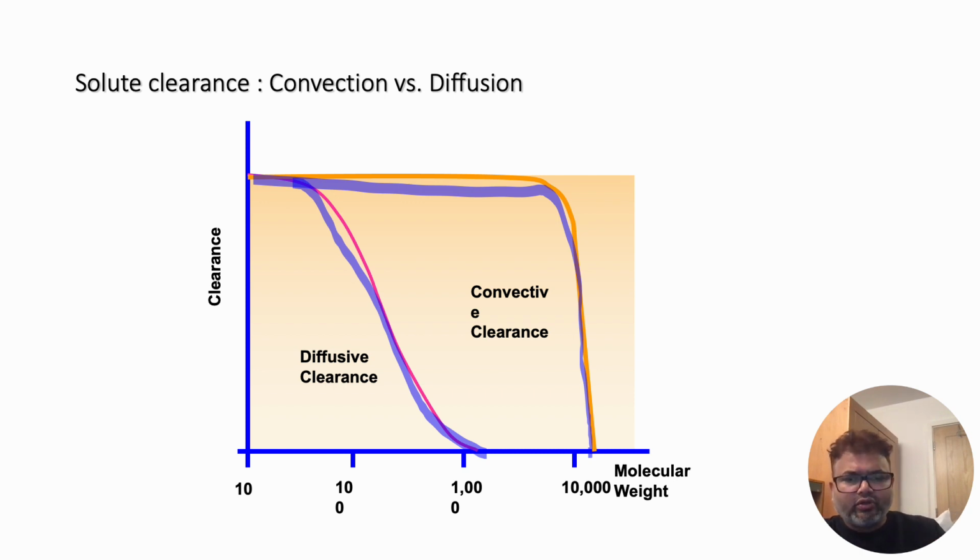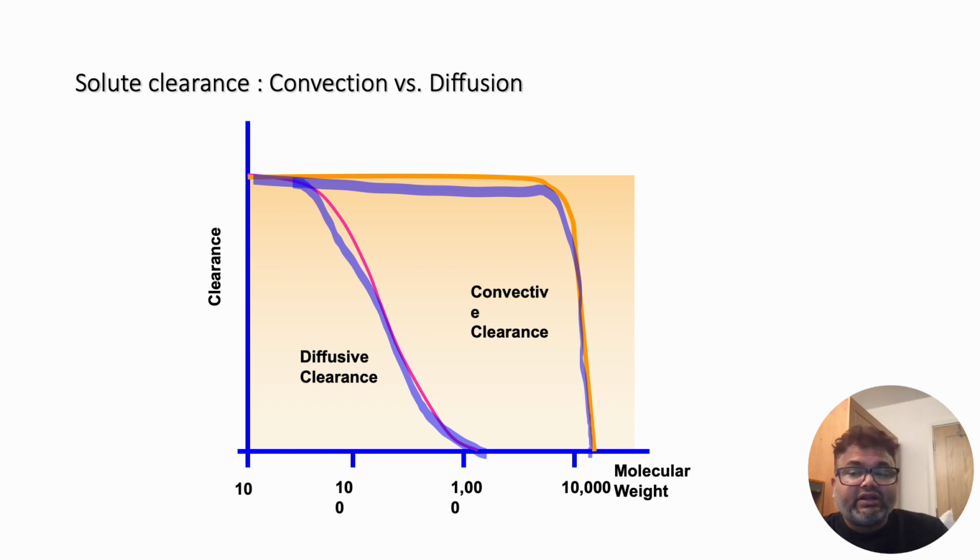So in convection, you will find that even larger molecules are removed quite efficiently, up to a level of about 10,000 Dalton. That will be a cutoff level above which there will be no filtration in convective clearance.